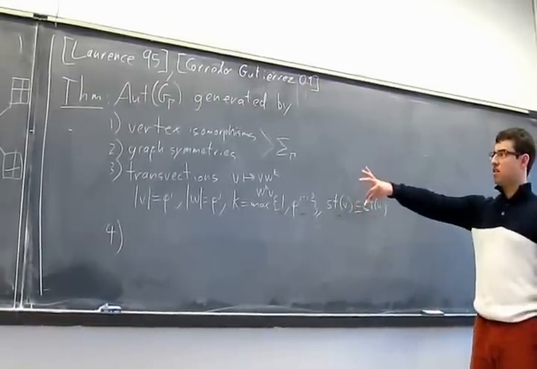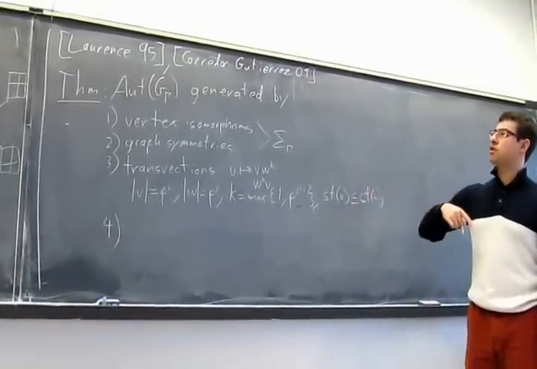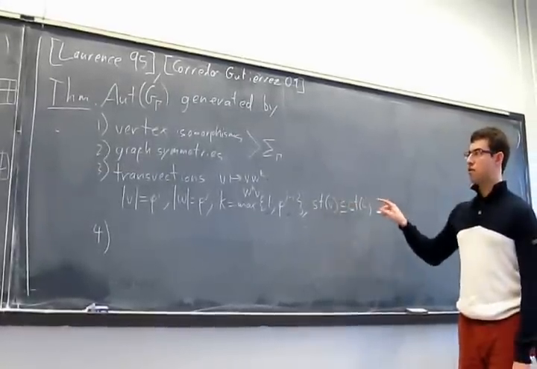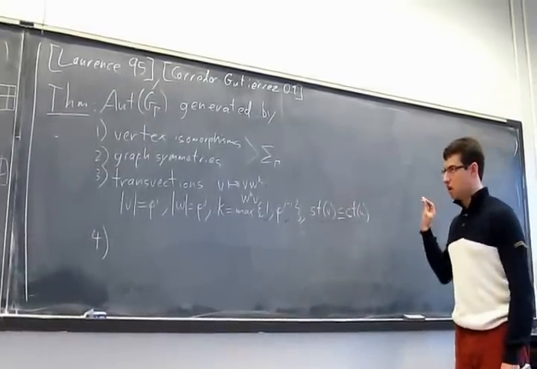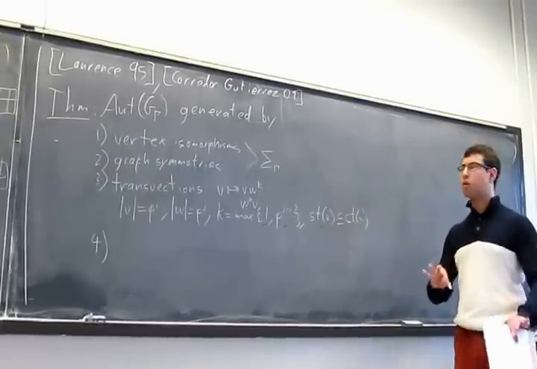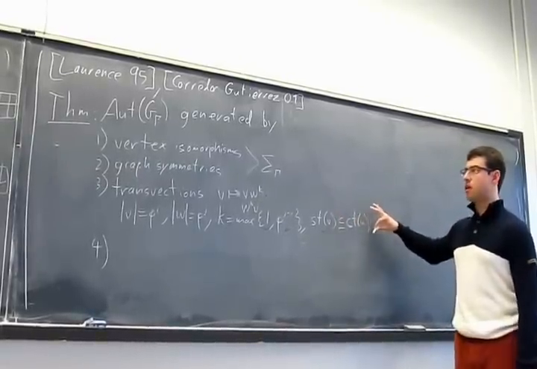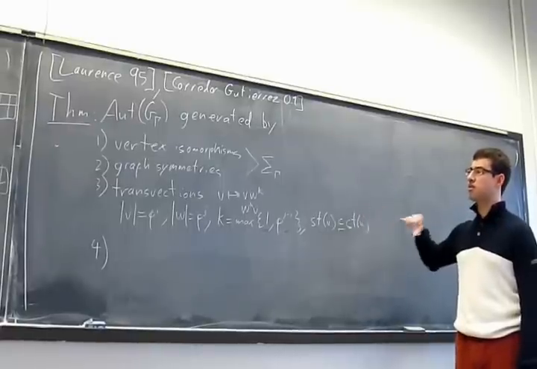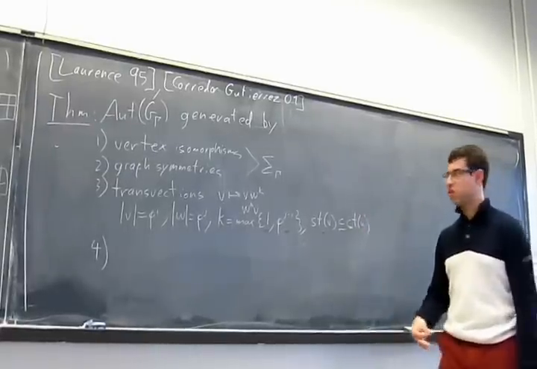Now, if we move to the case where we have infinite cyclic groups, then the condition for permissible transvections becomes something incredibly different. But for our purposes here, this is a very restrictive condition, so we're not really going to care quite so much about transvections.